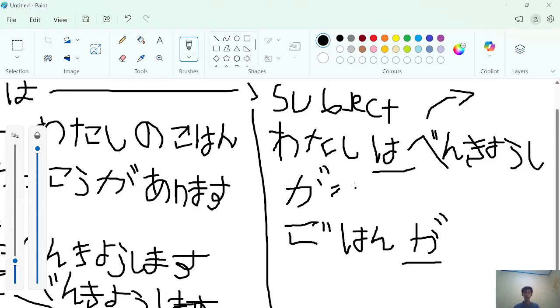And the word like is suki desu. So suki desu means like. Gohan ga suki desu. I like rice.